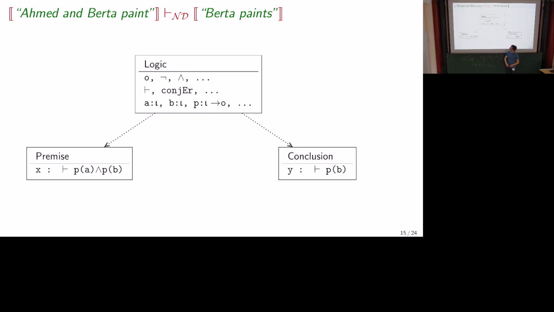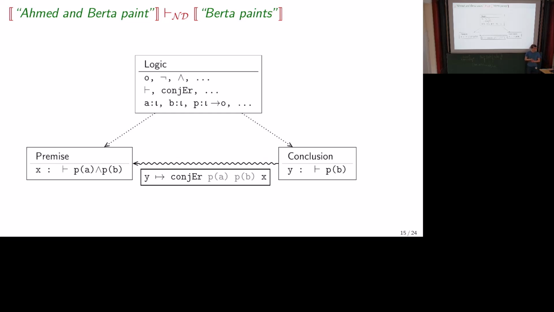To prove that the conclusion actually follows from the premise, we just have to find a proof term for y. So we do something we call a view, which means we express or prove y in terms of all the stuff we have over here. That gives us a proof, and if it type checks, then we have shown that the conclusion, according to our logic and our calculus, actually follows from the premises. And ideally that coincides with what we expected.